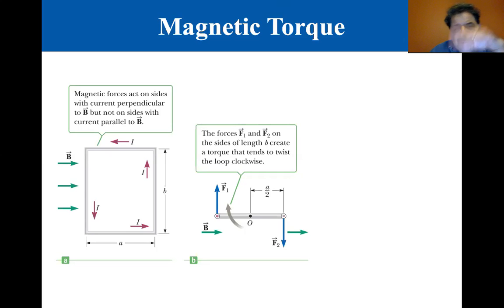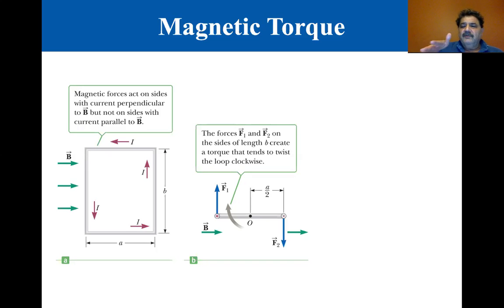Now we're looking at a cross section, taking that loop and turning it on its side, a bird's eye view. The forces F1 and F2 on the sides of length B create a torque that tends to twist the loop clockwise.